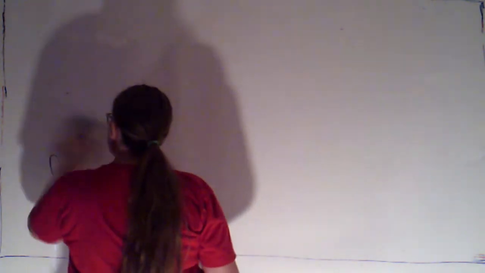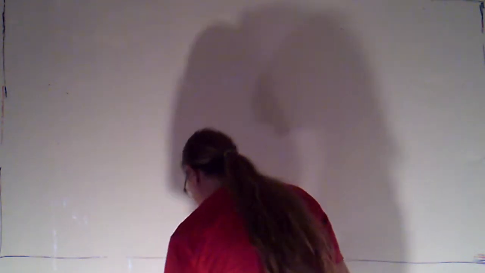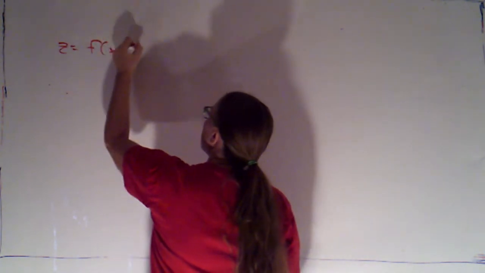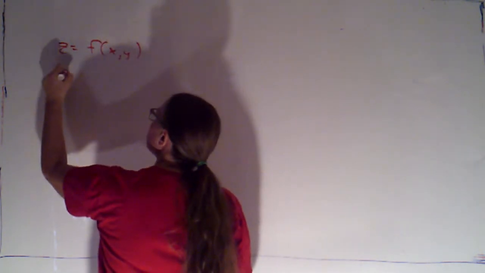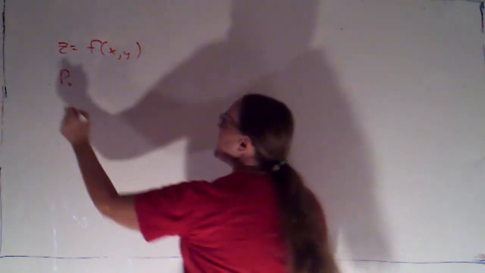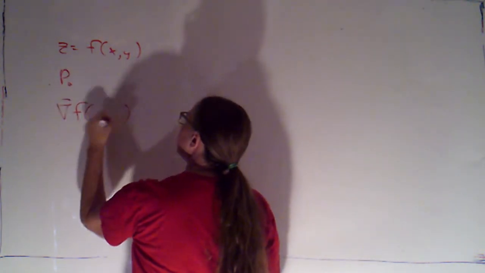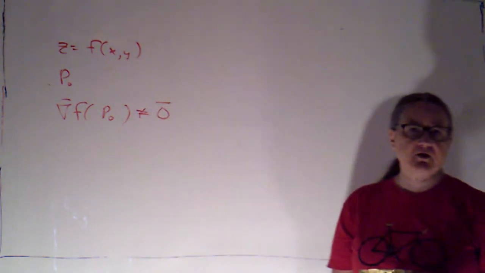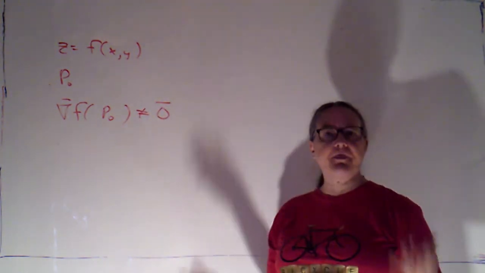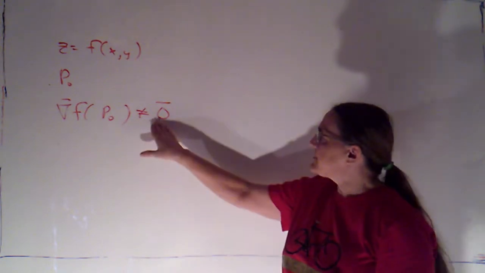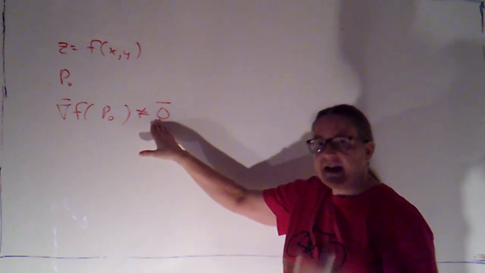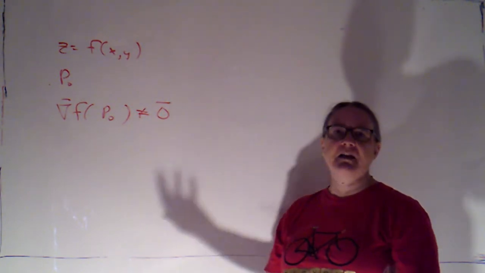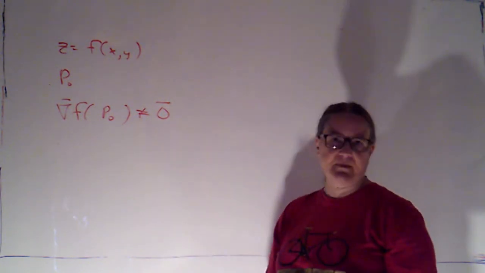Let's suppose that we have f of x, y, so z is equal to f of x, y. It's differentiable at a point p naught, and let's suppose that the gradient of f at p naught is not the zero vector. Just because the zero vector is orthogonal to everything, if it's not the zero vector and it's orthogonal to another non-zero vector, that's going to mean that it's orthogonal in the sense of perpendicular.